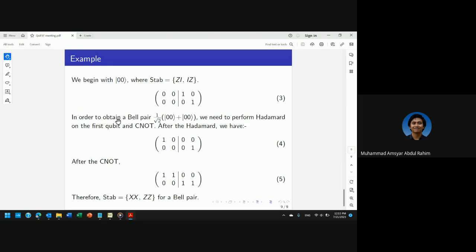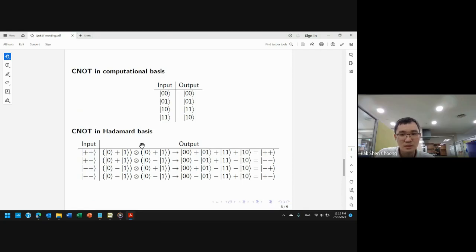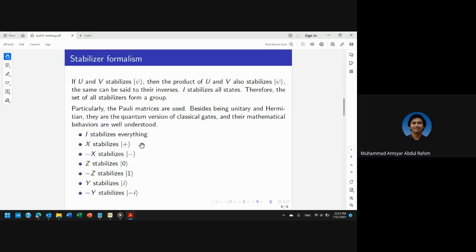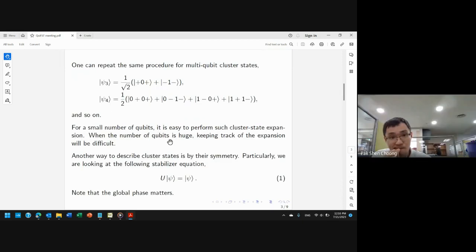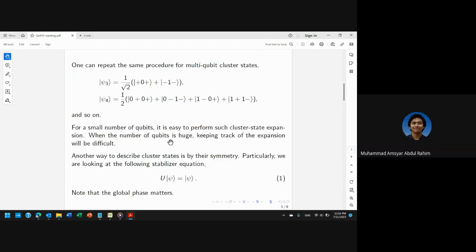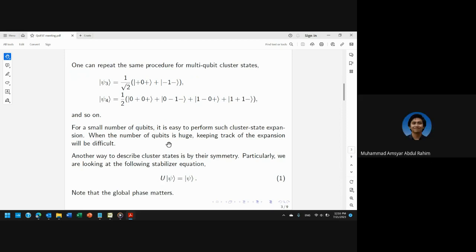Can I see the previous slide? I think the second slide. Okay, the third, the stabilizer equation. Is U a kind of operator, operating on a state?